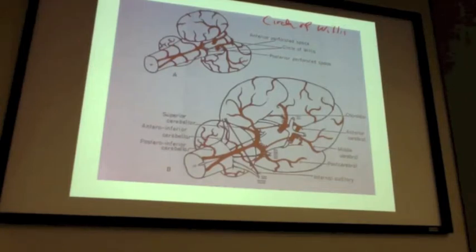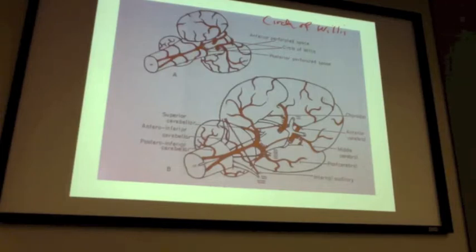If the arteriosclerosis, or hardening of the arteries, occurs very slowly over a long period of time, the circle of Willis will dilate, and it will actually provide the blood flow to the whole brain from just one blood vessel. One out of the four. Pretty redundant. That's a cool engineering principle. When we design things, we design redundancy into the system, and this is a redundancy in the system.